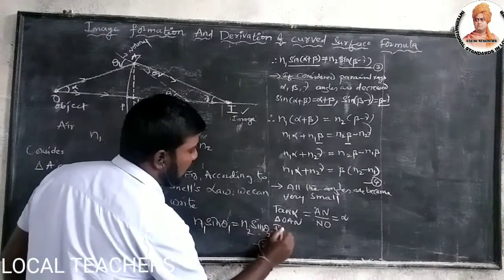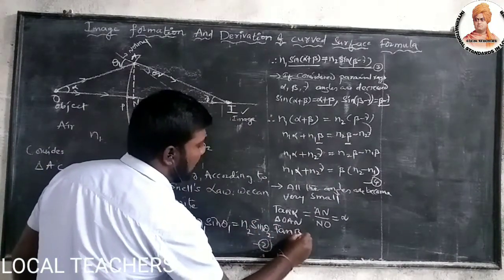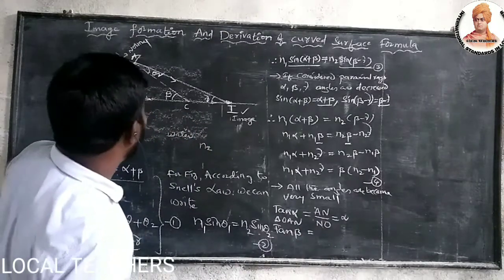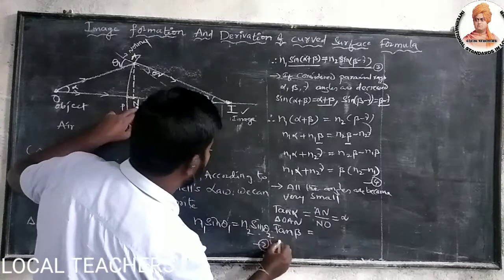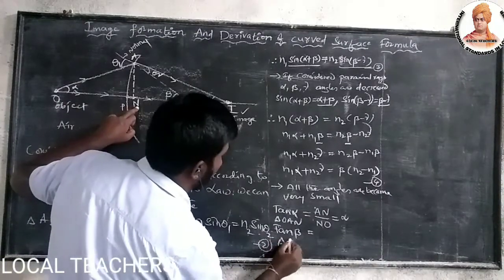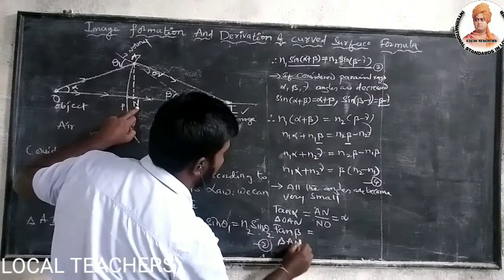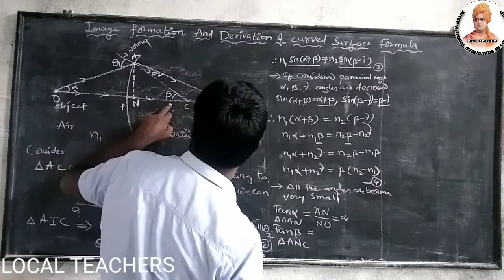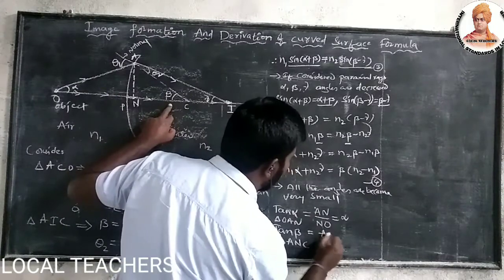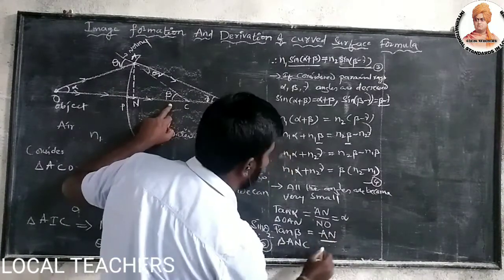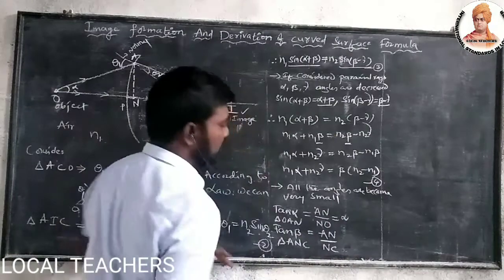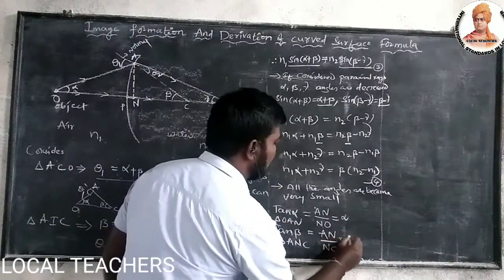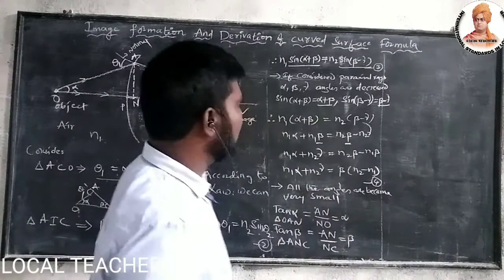Next, tan beta. Tan beta is applied for triangle ANC. So I can write tan beta equals AN by NC, the opposite by adjacent. So this can be written as beta. Next, tan gamma. This is applied for triangle AIN.